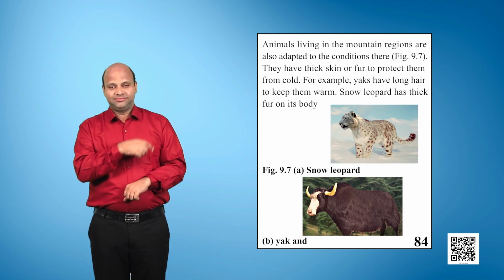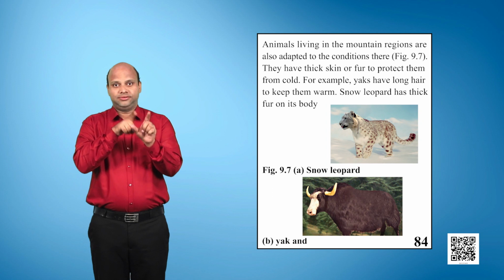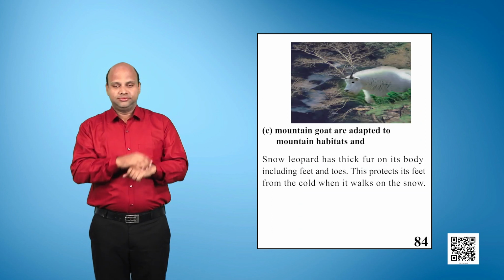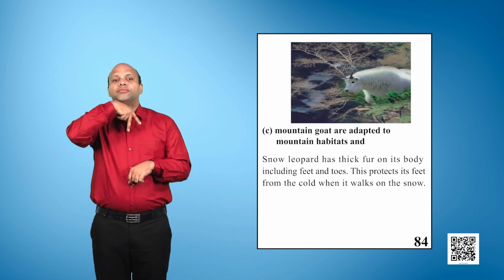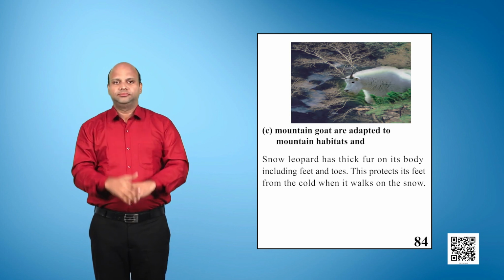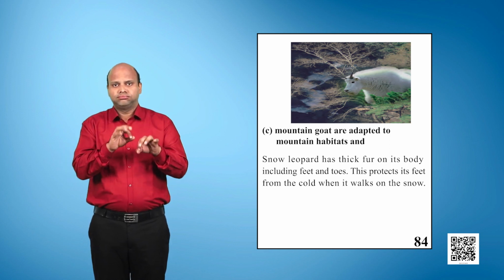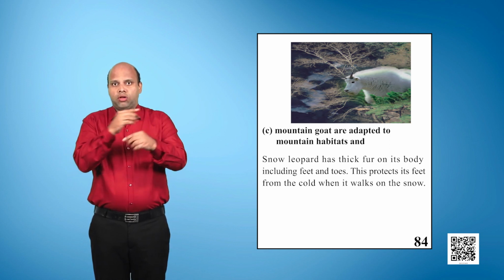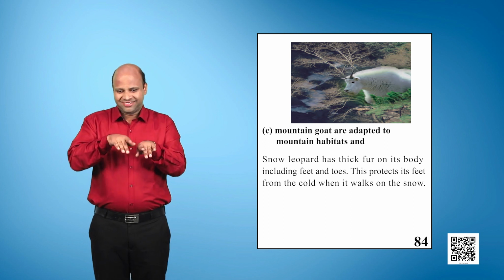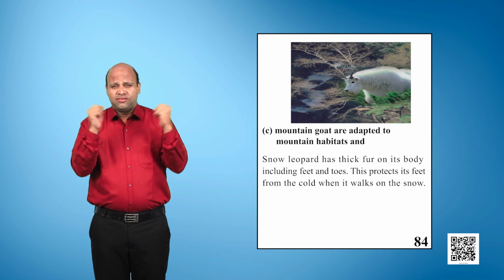Figure 9.7a shows snow leopard, B shows yak, and C shows mountain goat, adapted to mountain habitats. Snow leopard has thick fur on its body, including feet and toes. This protects its feet from the cold when it walks on the snow.